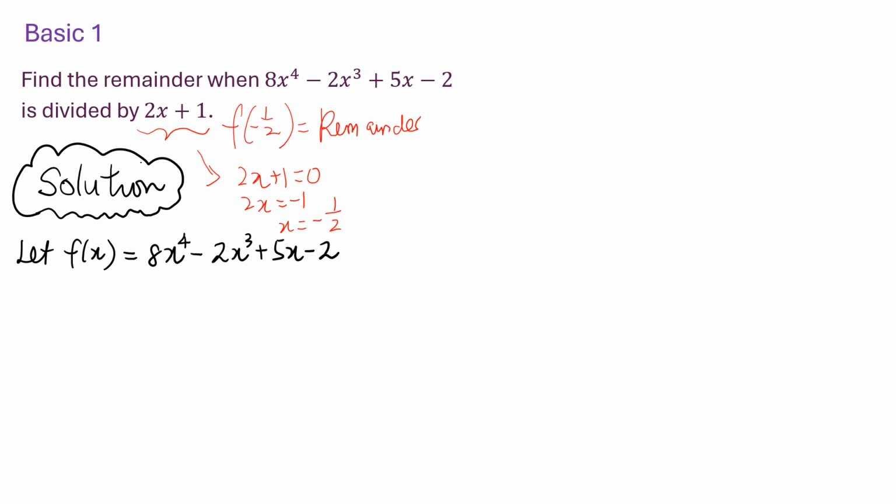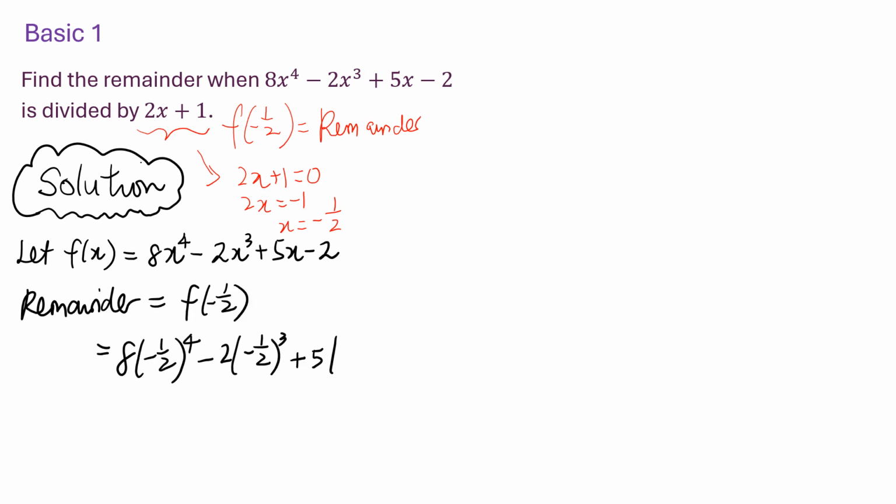So we're going to substitute all the x terms with the number negative half. And let's see what we get. If you use a calculator to evaluate this, please don't use mental calculations. In the exam, we're running short of time, so using the calculator is more advisable. You will have the remainder negative 15 over 4.